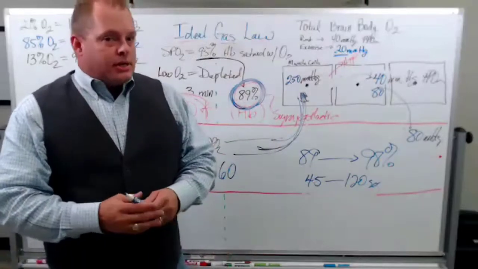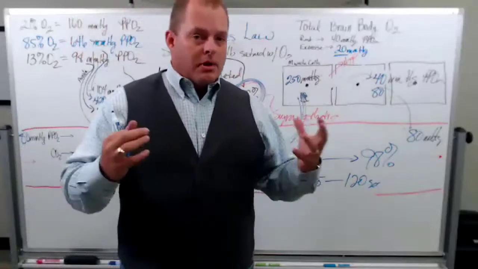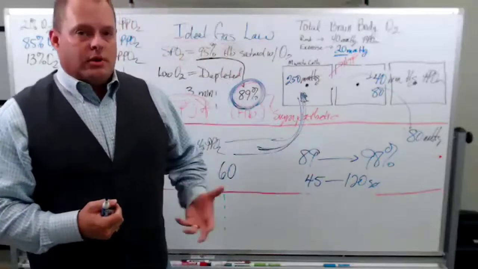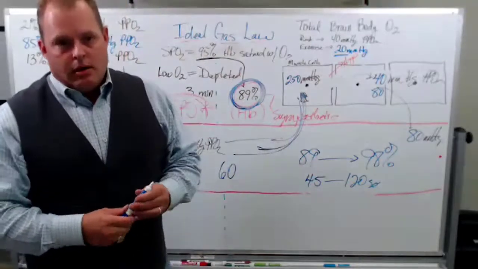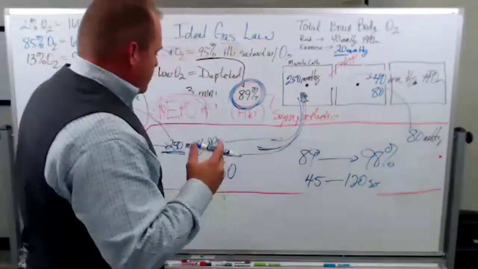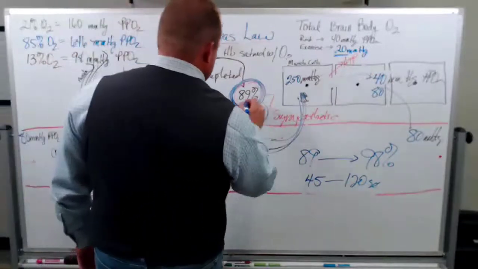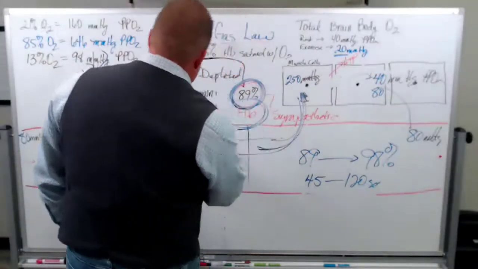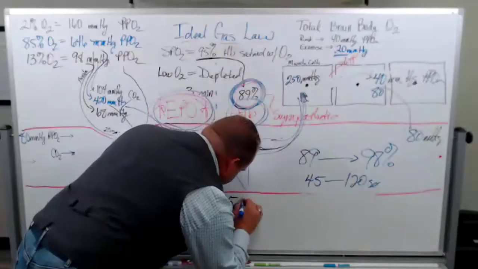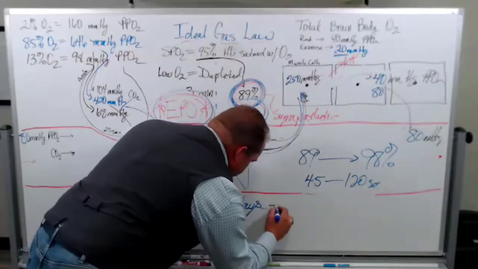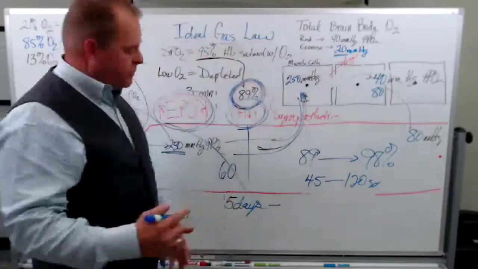Now, remember I said, with EPO being monitored like that, you get an immediate rush of red blood cells from the spleen. Because of that, what happens is this occurs, and this occurs. 5 days later, the bone marrow gives you more.